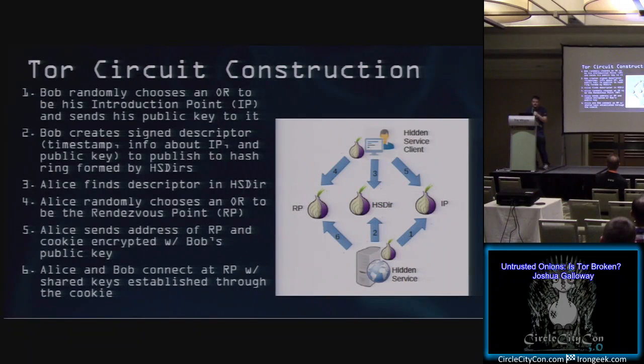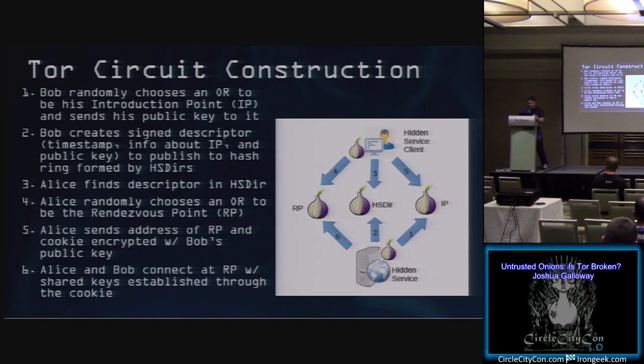Alright, so this is the part where it gets kind of different. What this attack does is it fingerprints different types of circuits. It's able to recognize different types of circuits within how Tor builds circuits. This is how Tor circuit construction works.